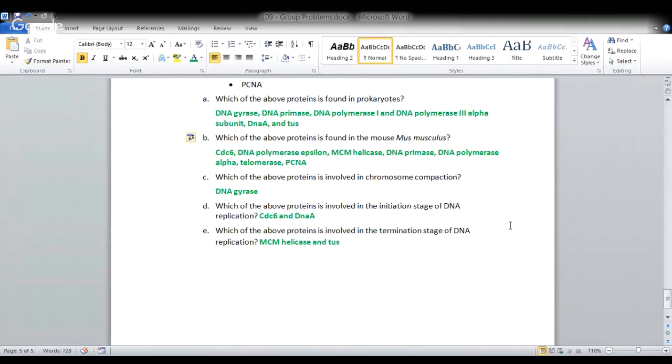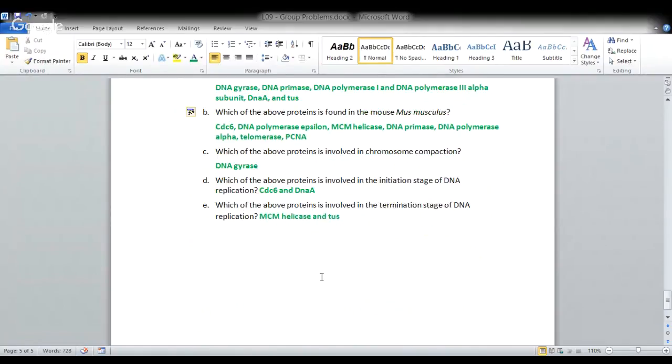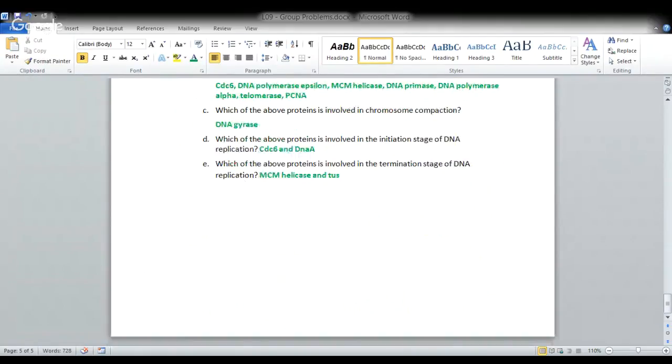C, which of the above proteins is involved in chromosome compaction, that's DNA gyrase. D, involved in the initiation stage of DNA replication, that's CDC6 and DNA A. E, involved in the termination stage of DNA replication, and that is MCM helicase and TUS. Those are the answers we got.